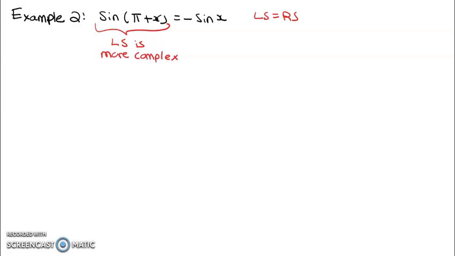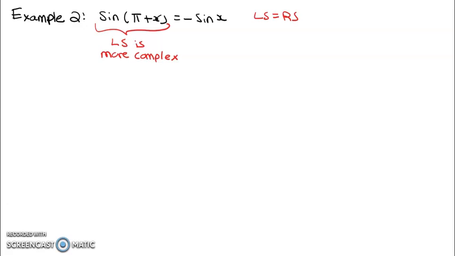Alright, so what I'm going to do to simplify this left side is use our compound angle formulas. This is something you should be familiar with from earlier in this chapter, or later on in advanced functions.